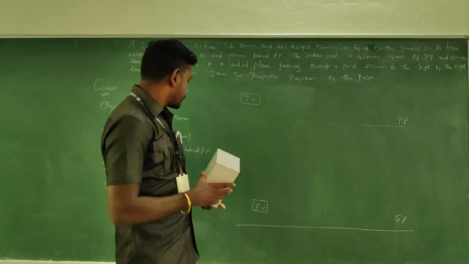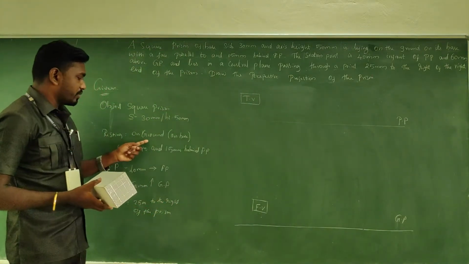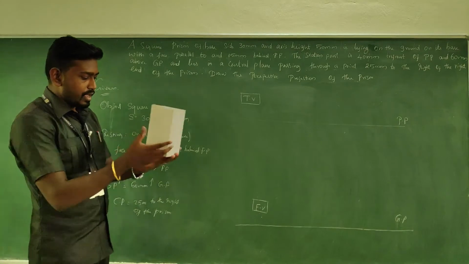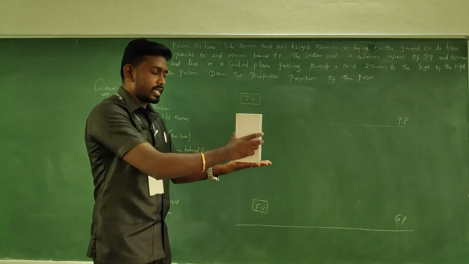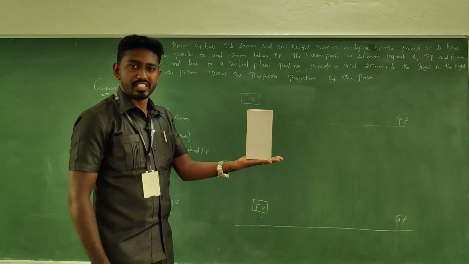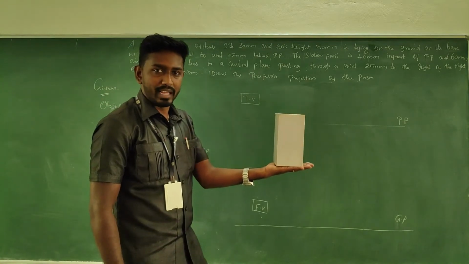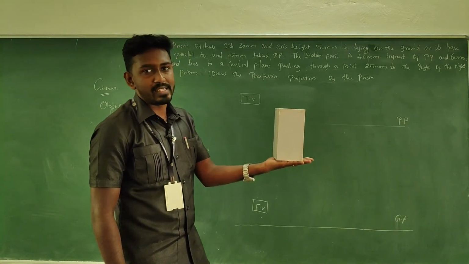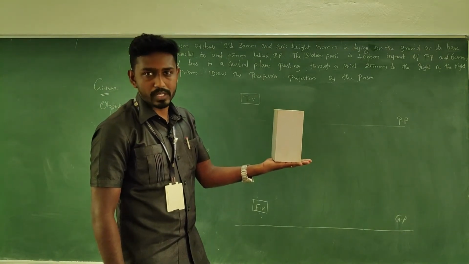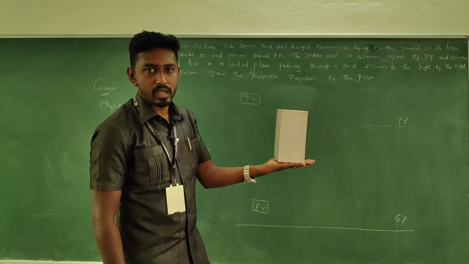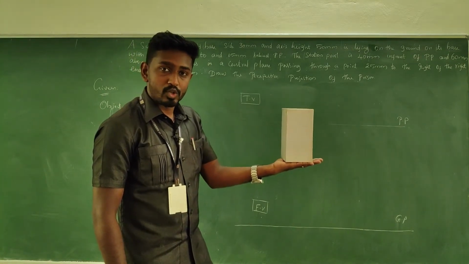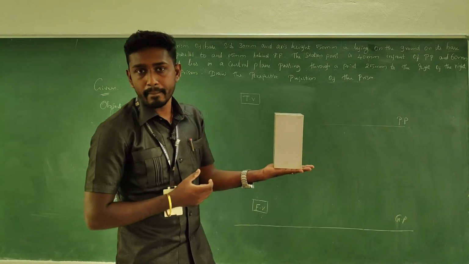It is resting on ground on its base. If it is placed like this, in which view can we see the true shape of the object? True shape in the sense, if it is a square prism, square is the true shape.